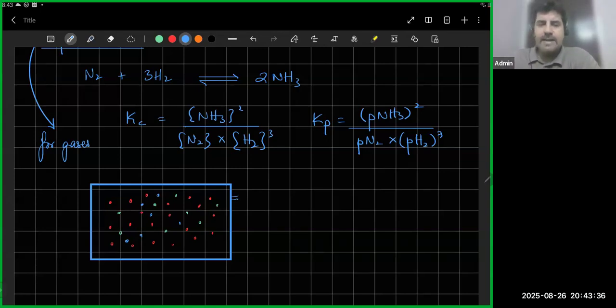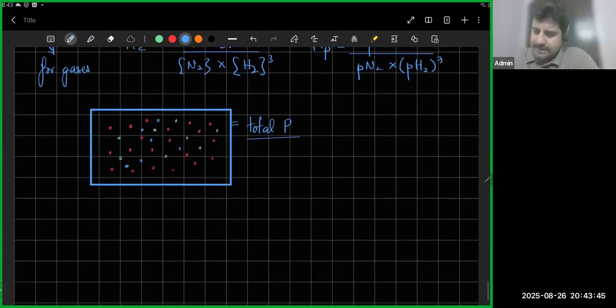There's one extra step here: you can only calculate the total pressure for the entire gas. It's a mixture of N2, H2 and ammonia gas. The forward and backward reactions are happening, but all the gases are mixed in one container.